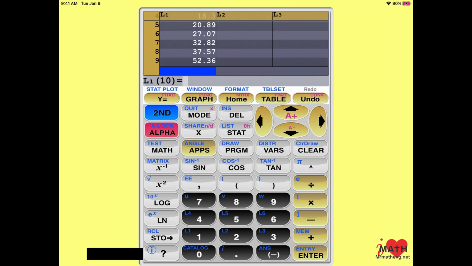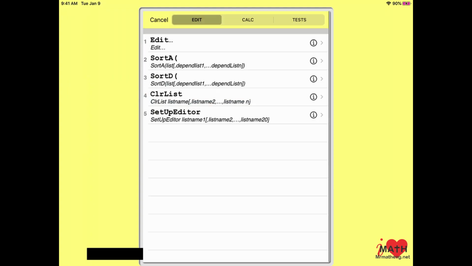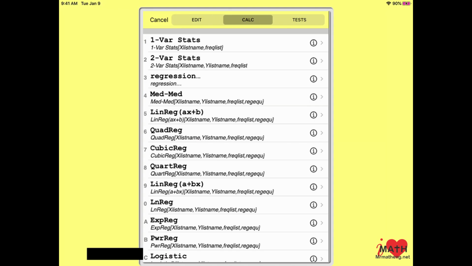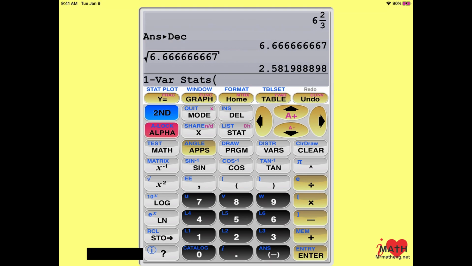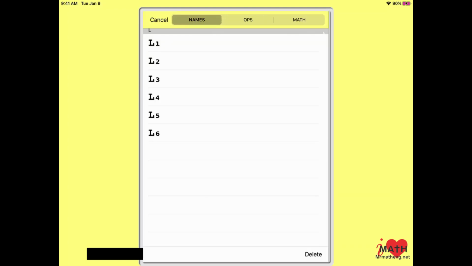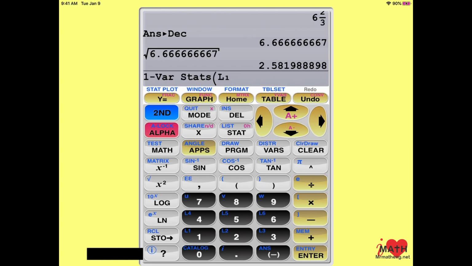Okay, so those are my 9 numbers there. So now I have them in L1, so I'm going to press Stat. I'm going to move over to Calculate and 1-Var Stats. And I need a list here. To get this list, it's next to the left arrow, so I'm going to have to press Second Stat and click L1. Okay?